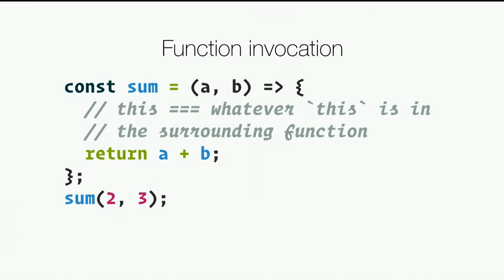So if const sum equals is on line 4, then whatever this was on line 3, it is inside the function. No matter where you're calling it from, if you use the arrow function to define it, then this is whatever it was in the context where it was defined. That's the difference that the arrow function makes.